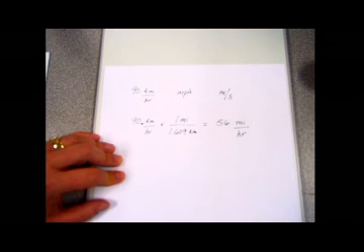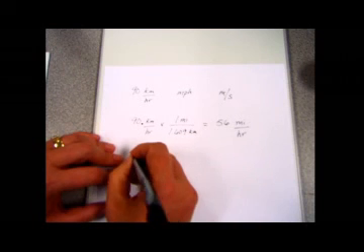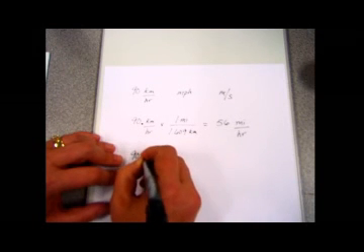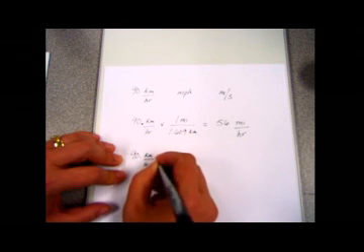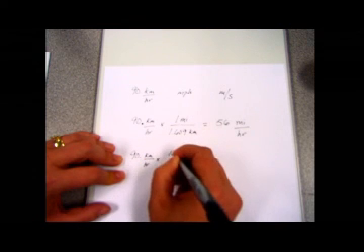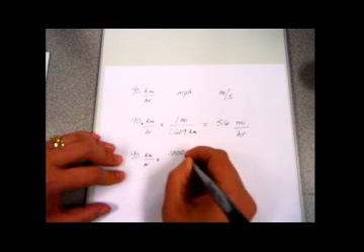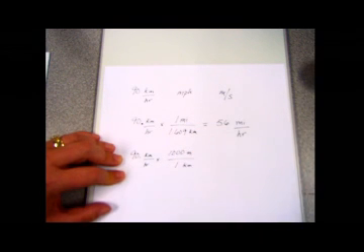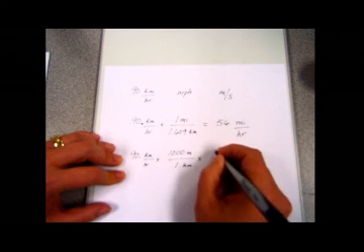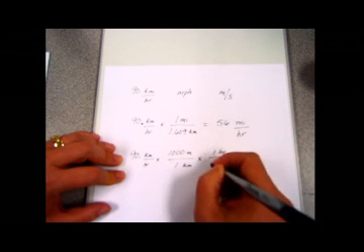Now, if I want that in meters per second, I'm going to start with my 90 kilometers per hour. And then I'm going to have my 1,000 meters to 1 kilometer. But then I'm going to have my hour is 60 minutes.